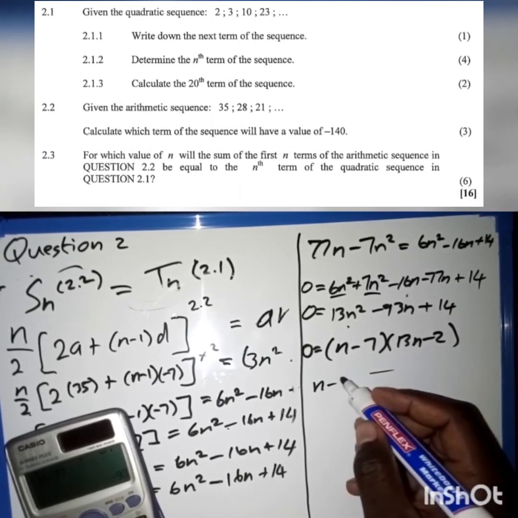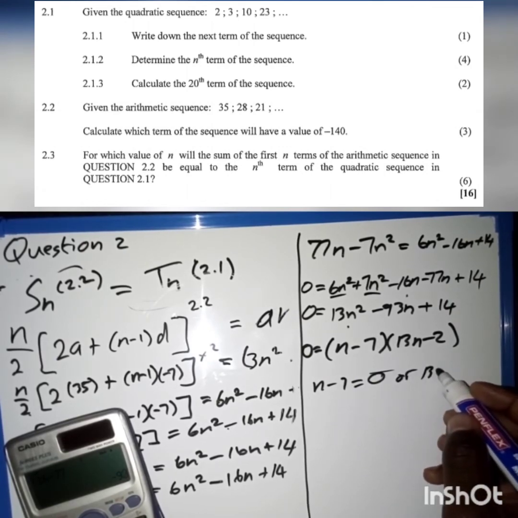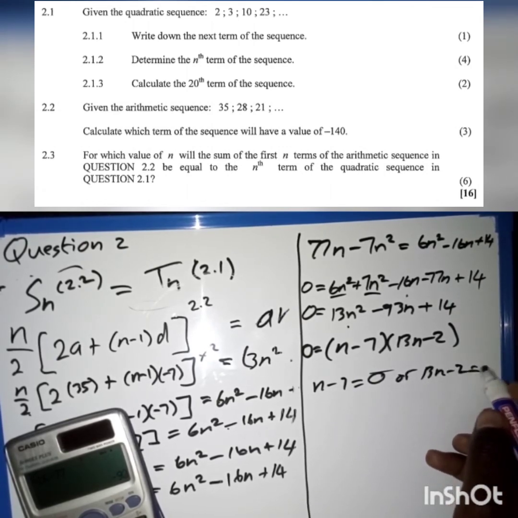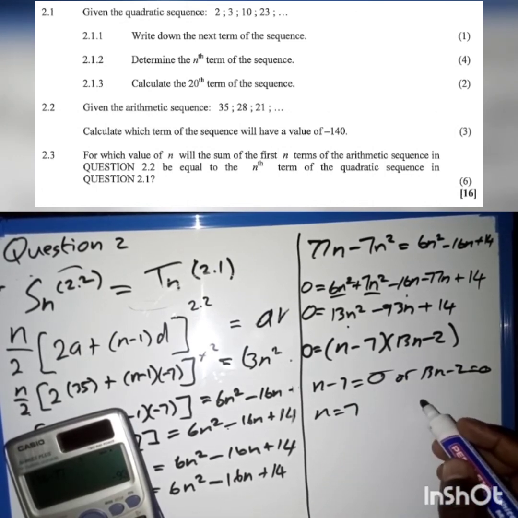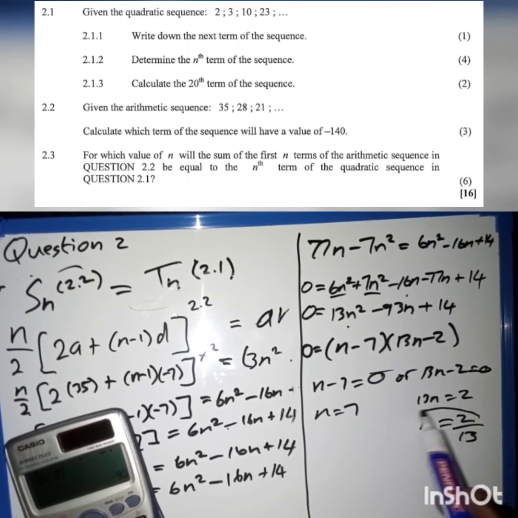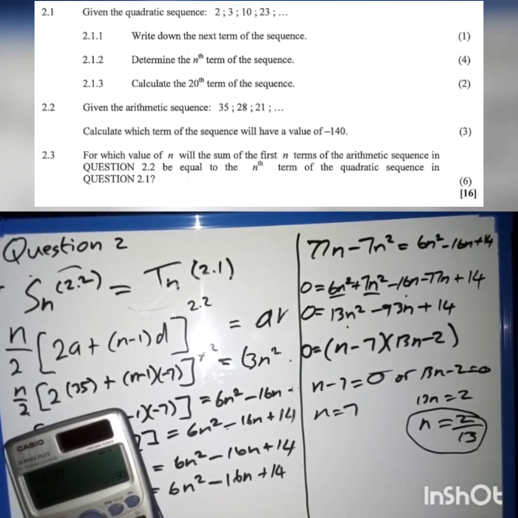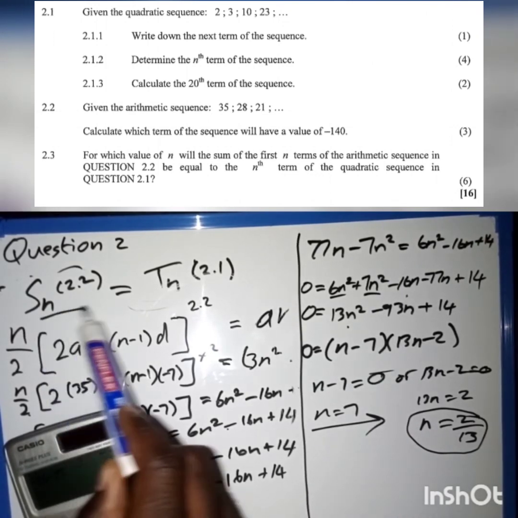So n minus 7 is equal to 0, or 13n minus 2 is equal to 0, and then n is equal to 7, or 13n is equal to 2, then n will be equal to 2 over 13. But we know that our n can't be a fraction or a negative number. Therefore, n equals 7 is our value of n, which will hold for this here.